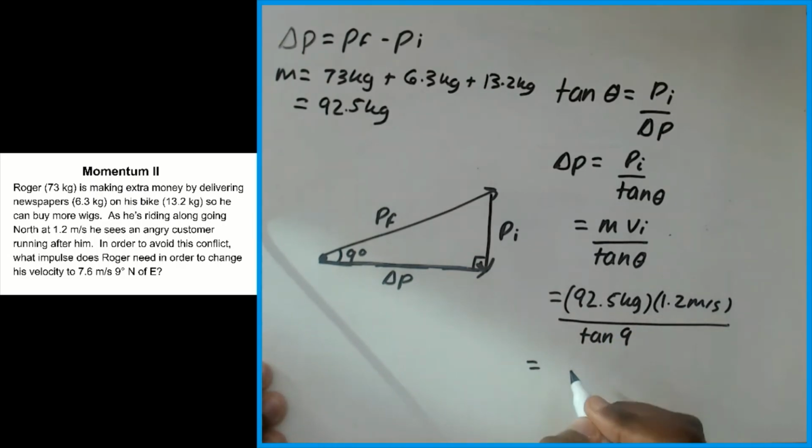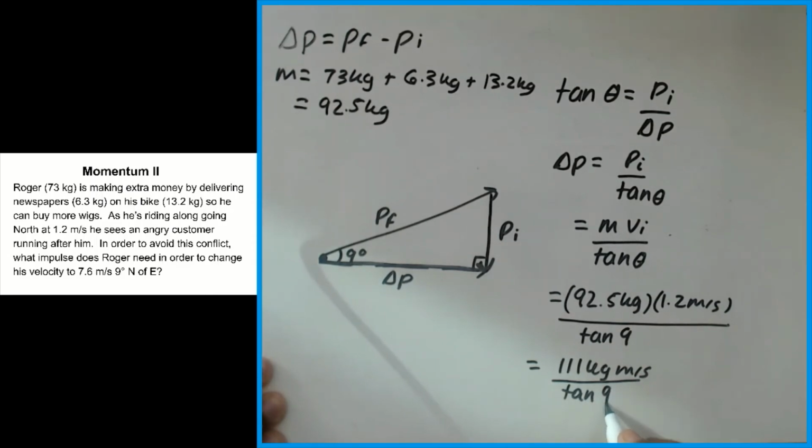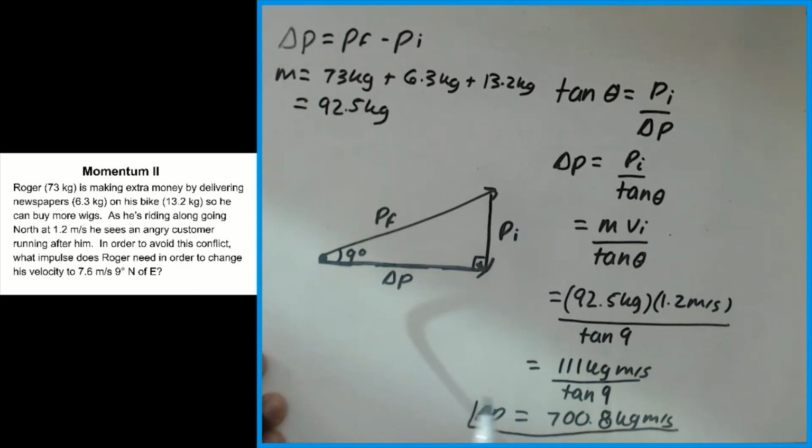And up here, this just becomes 111 kilogram meters per second all over tan 9, and that gives me 708 kilogram meters per second as the change in momentum, which is the impulse. And for direction, it's just going east.